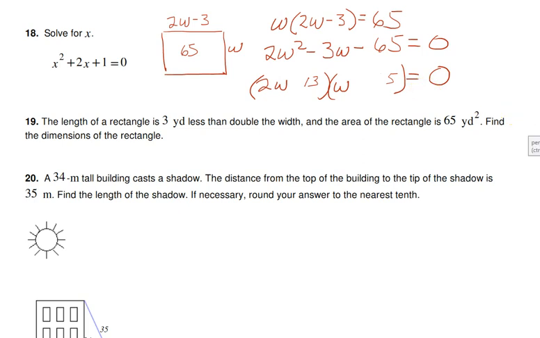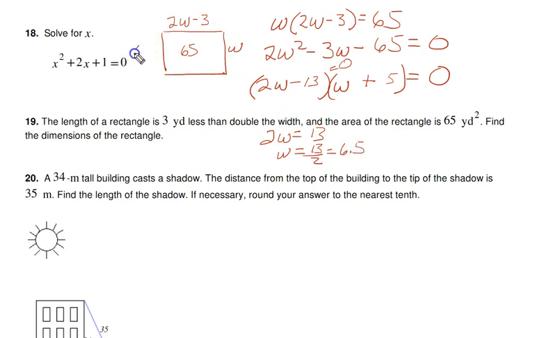So what will my signs be? I need a negative 3, and this is going to be a positive, and that checks out. So when I equate each of these to 0, this is going to be 2W equals 13, W equals 13 halves, which in its decimal form is 6.5.